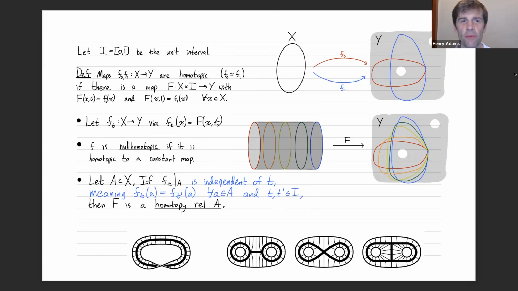And we say that two maps, f0 and f1, from space X to space Y, are homotopic, denoted f0 homotopic to f1, if there's a map capital F, not from X, but X cross the interval to Y, such that if you restrict capital F to time 0, you obtain the map little f0. And if you restrict the map capital F to time 1, you obtain the map little f1.